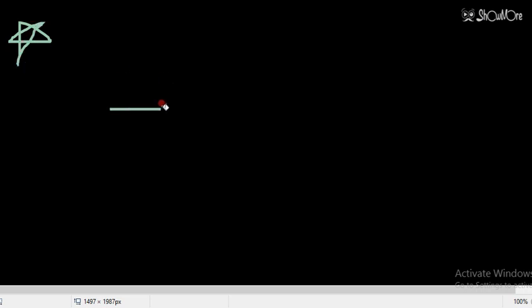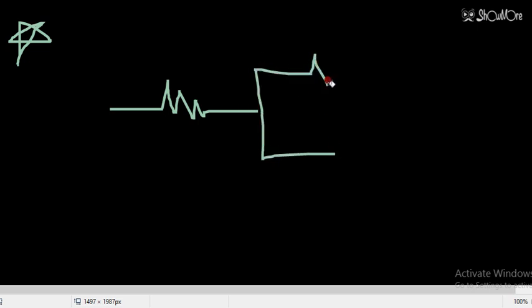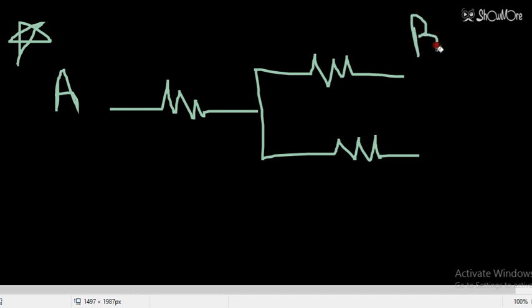So firstly, this is the resistance, then this is the resistance, and then this is the resistance. So this was the diagram. This is point A, this is point B, and this is point C. This resistance has value 10, this resistance has value 20, and this resistance has value 30.